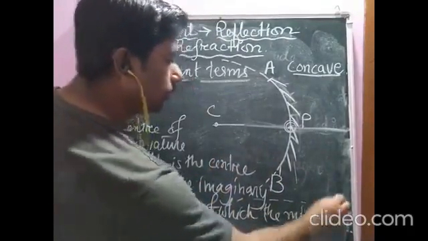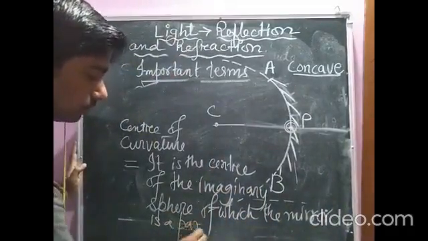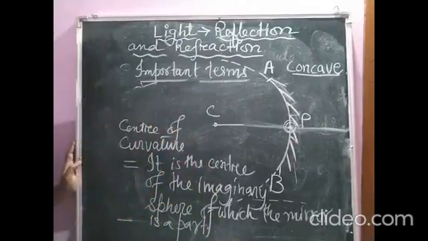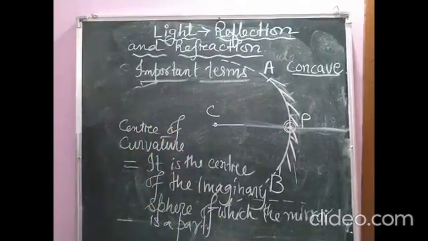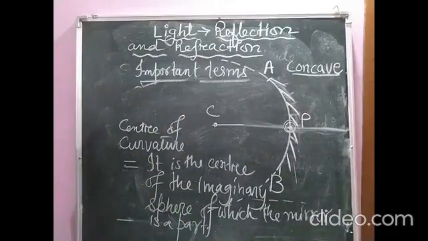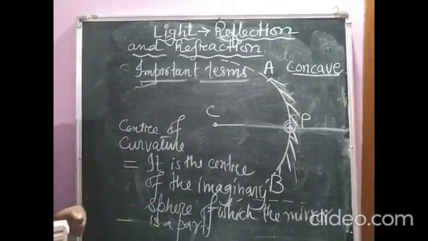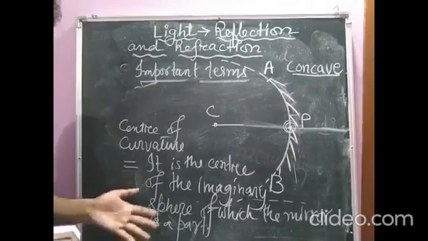Clear? Okay. Next, let us discuss what is radius of curvature. It is a new term. I hope you have noted down that this is the center of curvature. Quickly note it down in your copies.